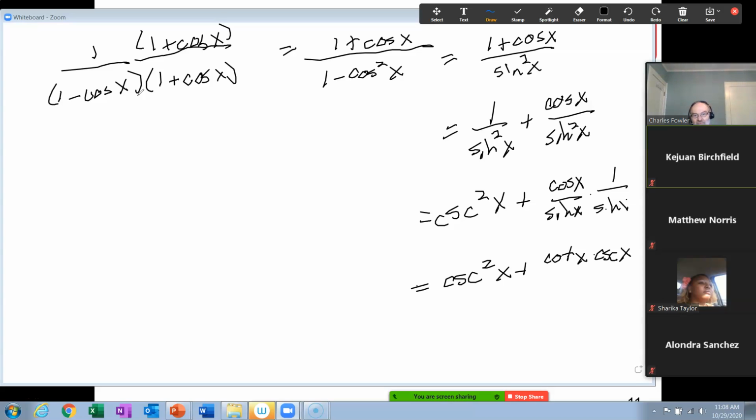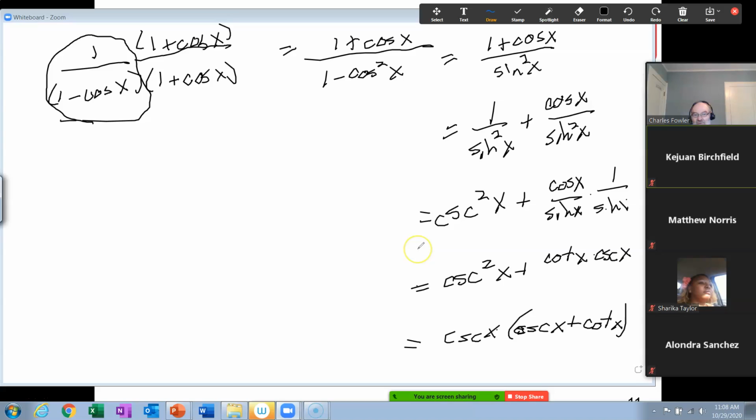Now, you could have also, at this point, and this is just playing around, factored out a cosecant x, and that would have left a cosecant x plus cotangent x. There's another identity. Okay? Again, nothing special about these, but it just shows you can take something that was in a fractional form here, if I could get my pen to show up, that started out being a fractional form, and you got it into something that contains no denominators at all.